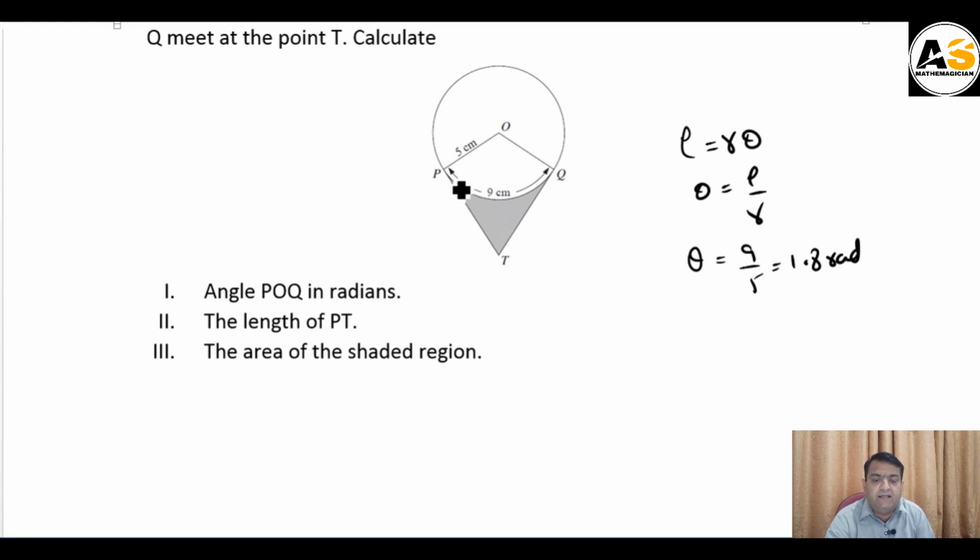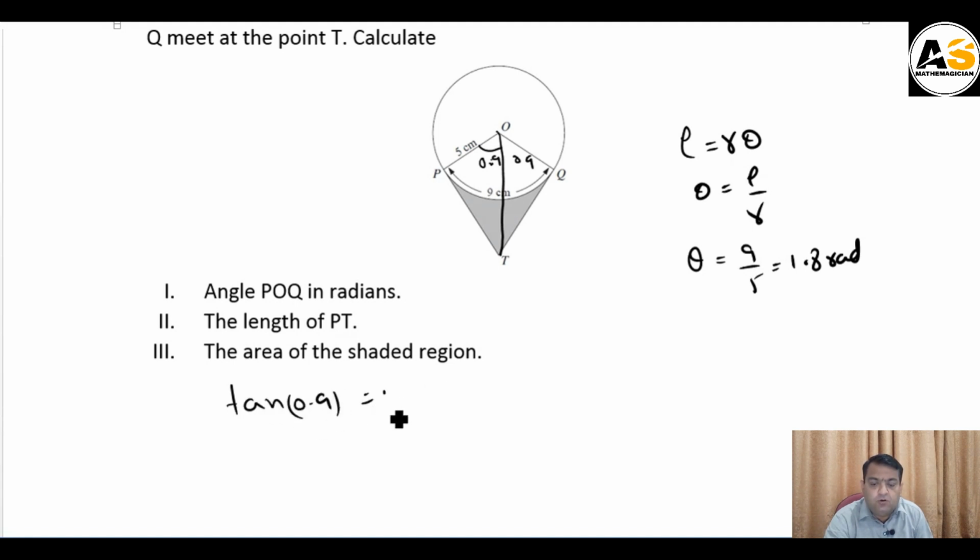Now we have to find the length PT. If I join this O to T, this angle will be bisected and this angle will be 0.9 radian. And this angle will also be 0.9 radian. In this triangle POT, what is tangent 0.9 radian?